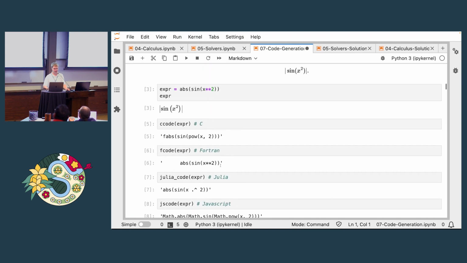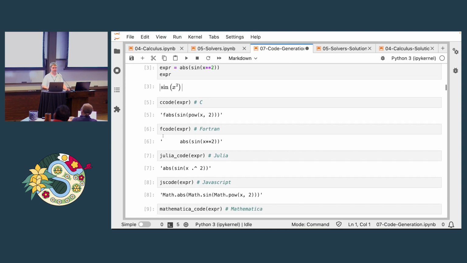Yeah, so by default, this is generating code for floating point inputs. fabs is the C function for floating point absolute value, because C, I guess, doesn't have polymorphic functions, so you have to have a different floating point absolute value.